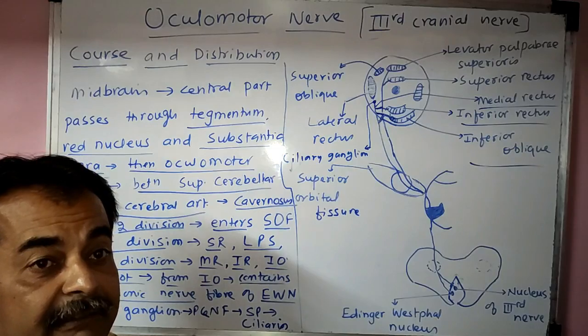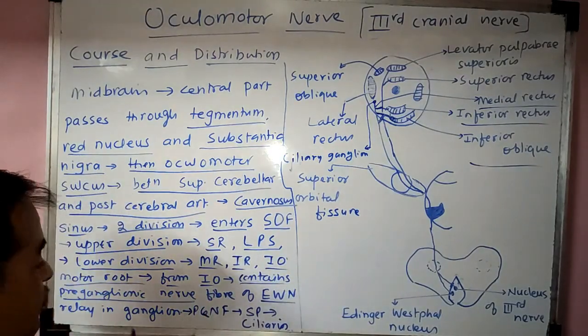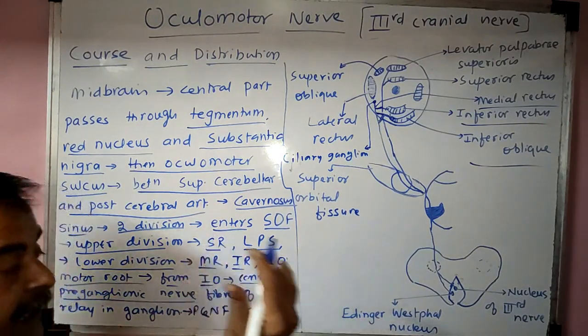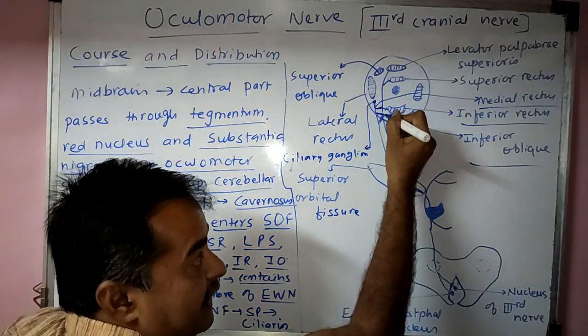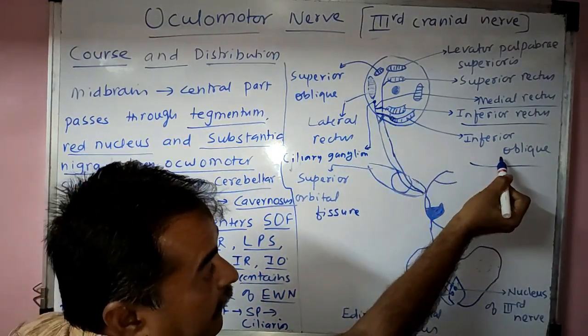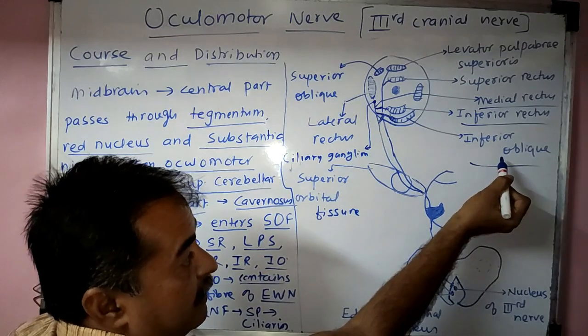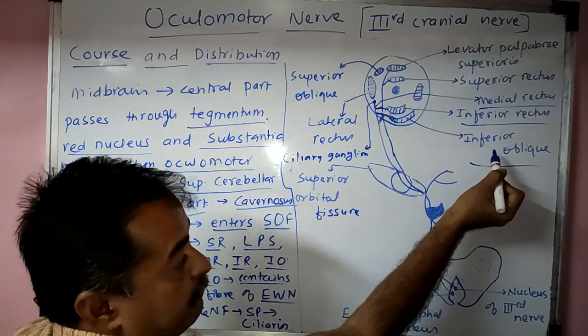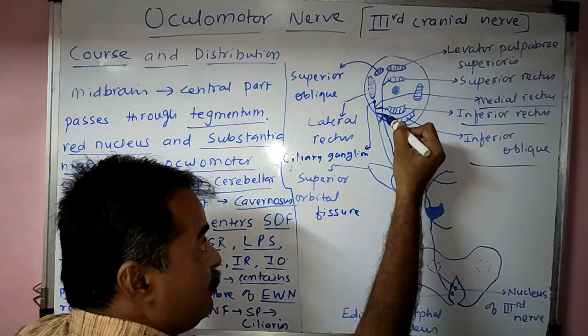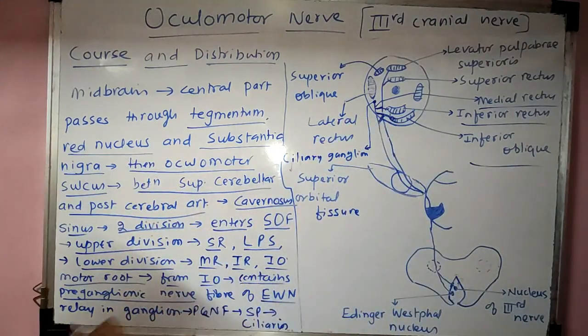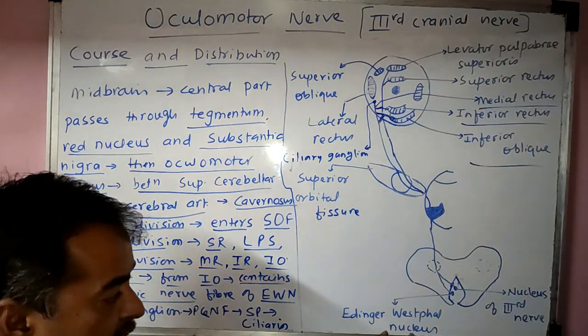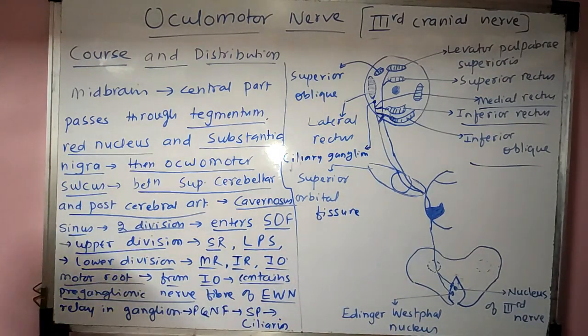This is the Edinger-Westphal nucleus. Its preganglionic fiber arises from the division of the inferior oblique. The branch which supplies the inferior oblique gives a preganglionic nerve fiber which arises from the Edinger-Westphal nucleus, and it will relay in the ciliary ganglion.